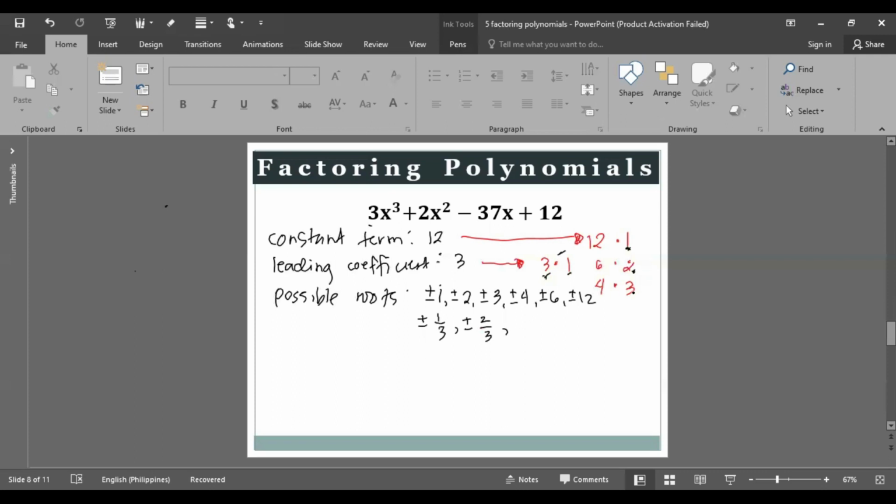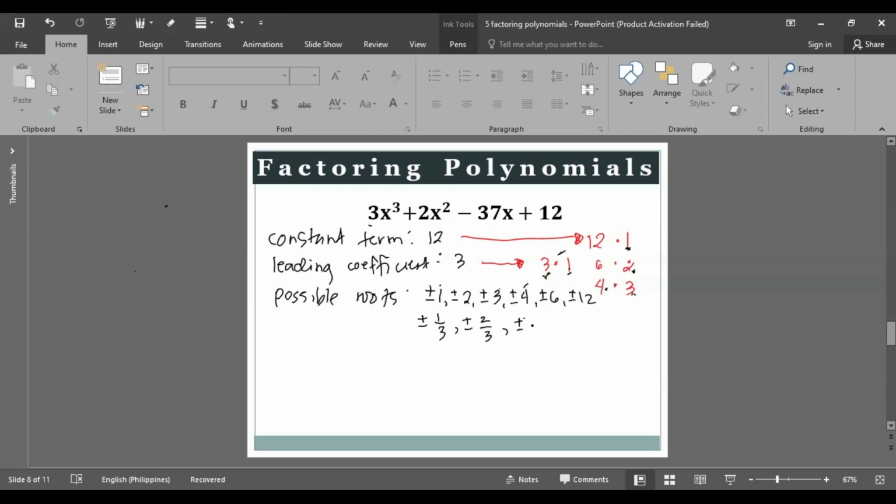Next, 3. 3 divided by 1 is 3, included na. So, wag nang ulitin. 3 divided by 3 is 1, included na rin. Next, 4. 4 divided by 1 is 4. Included na yung 4. Skip na yan. 4 divided by 3 is 4/3.